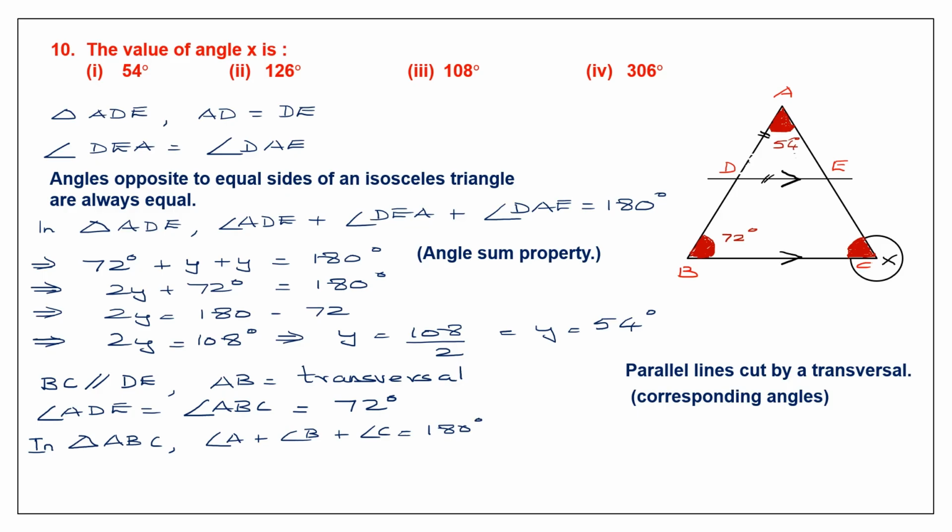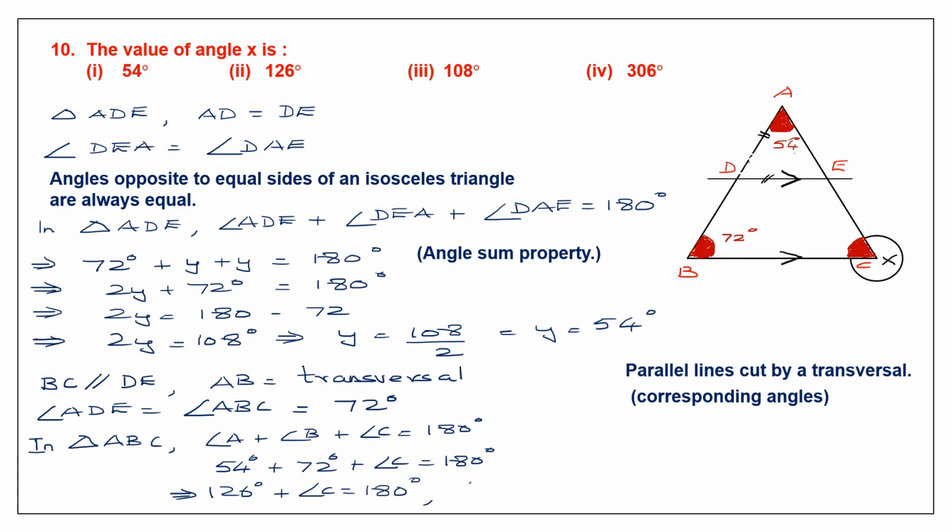And how much is angle A? It is 54 degrees, plus angle B is 72 degrees. Angle C we are going to find out, so we'll leave it as angle C. This is equal to 180 degrees. So let's add up these two, 54 plus 72. So that is 126 degrees plus angle C is equal to 180 degrees.